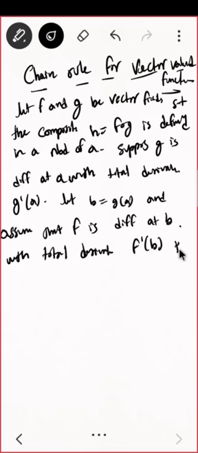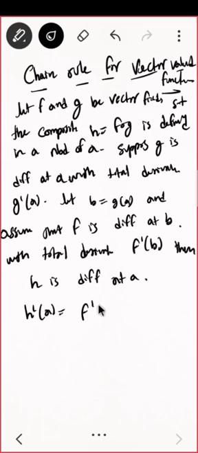Then h is also differentiable at a, and it is given by h dash of a equal to f dash of b composition, or product, you can say, g dash of a. That is h dash of a.